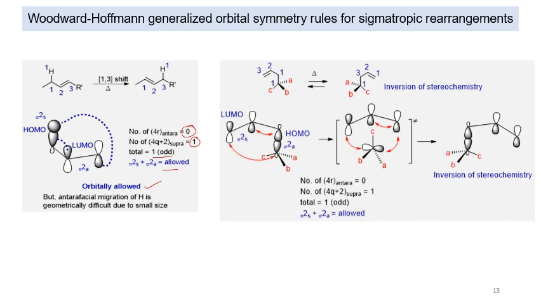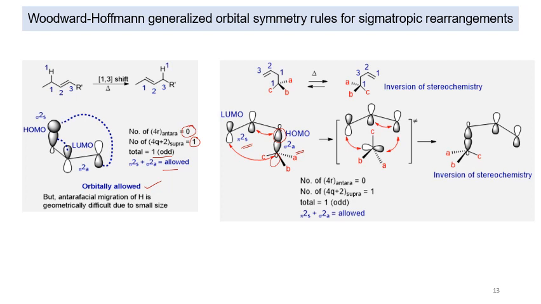What about the antarafacial shift for the alkyl? So you can see here it is supra with respect to the pi system and antara with respect to the sigma system. So you can see here this is an antara attack for the sigma system. So here one orbital is interacting, here the second orbital is interacting.